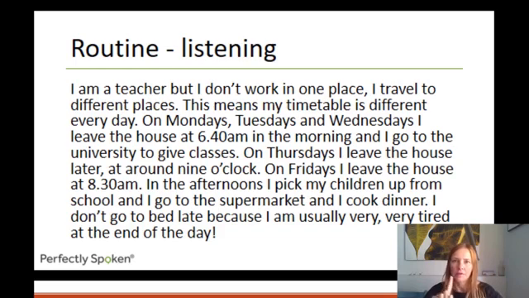Pick up is a phrasal verb. So I go and I collect my children from school, and I go to the supermarket and I cook dinner. I don't go to bed late because I am usually very, very tired at the end of the day.